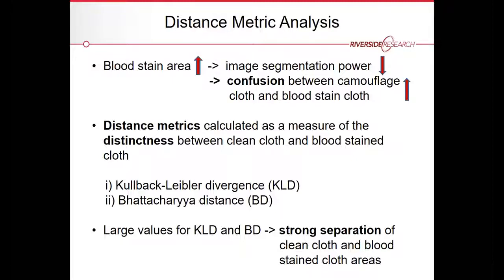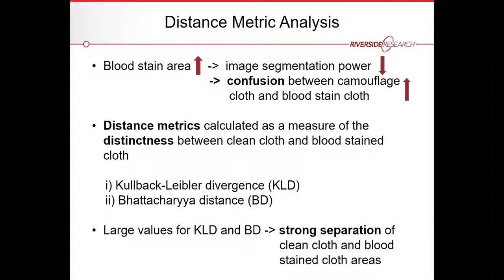It's as if you look at a blood stain too closely, you won't be able to see it. A good example is this: an ant on the blood stain would not be able to really sense segmentation, but a human who's looking at the blood stain and a clean cloth from a distance can discern it, because there's a difference between the blood-stained cloth and the clean cloth.